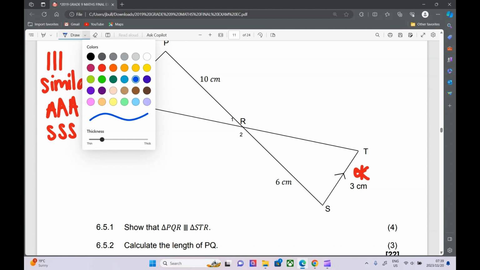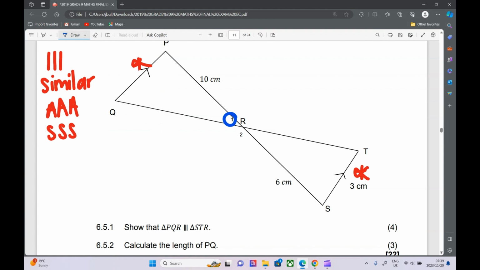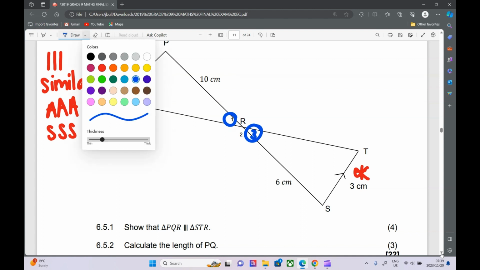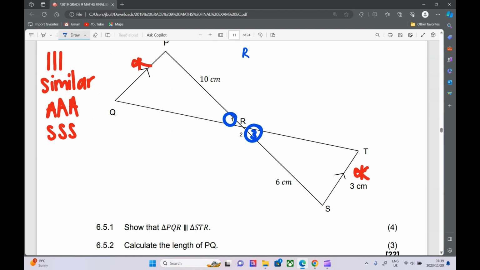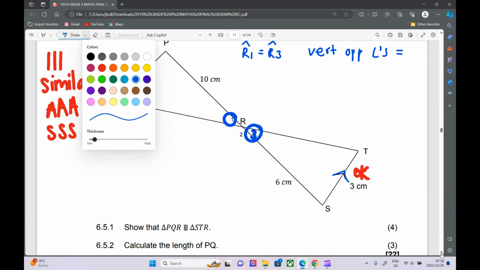But what we can do is, first of all, we can say R1 is equal to, let's just label that R3. Okay, so we can say R1 is equal to R3. And that is because vertically opposite angles are equal. Then we see we've got parallel lines here, so I'm going to be using alternating angles, so that Z shape.